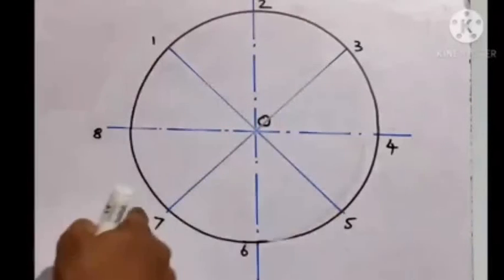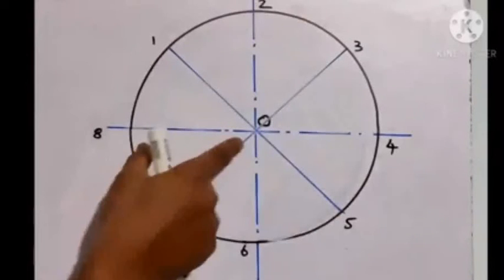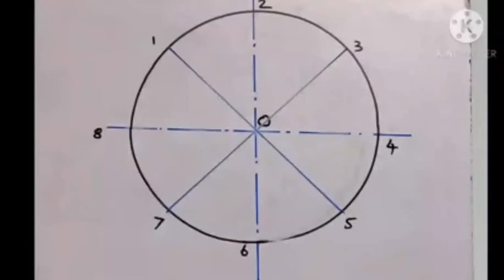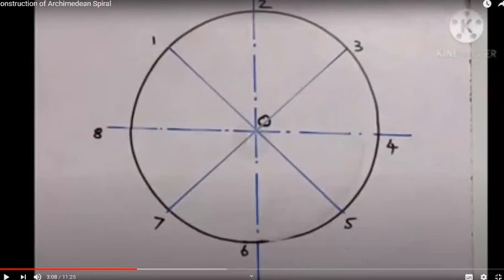I divided the circle into 8 divisions, and next this line also needs to be divided into 8 divisions. I'm going to divide the O8 line into 8 divisions, because I'm going to assume that this is the starting point. From O8, from this line, the spiral starts. So this is the baseline, and I'm going to divide that into 8 divisions.